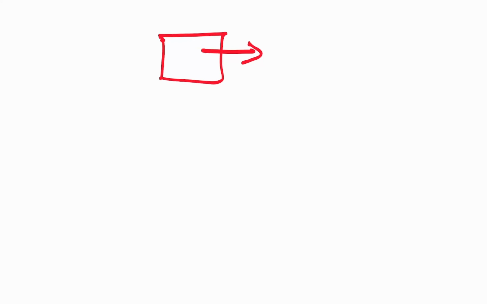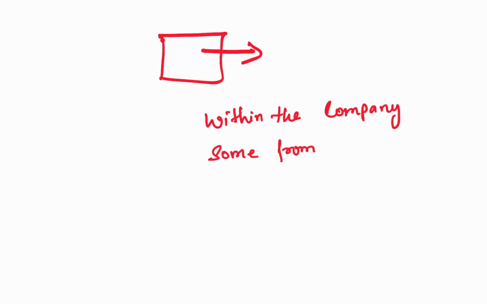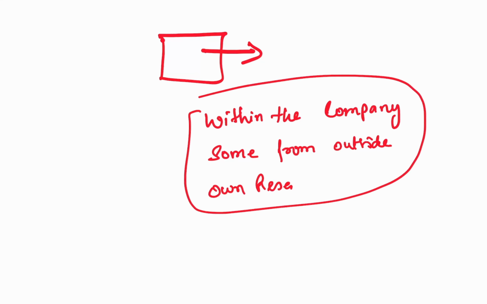Some information comes from within the company, and some from outside. There is even a possibility that they will do their own research based on the product or services the company is actually selling.